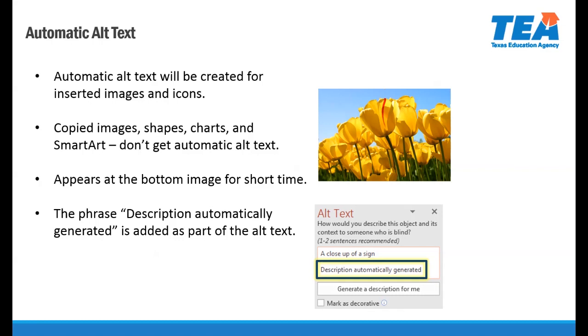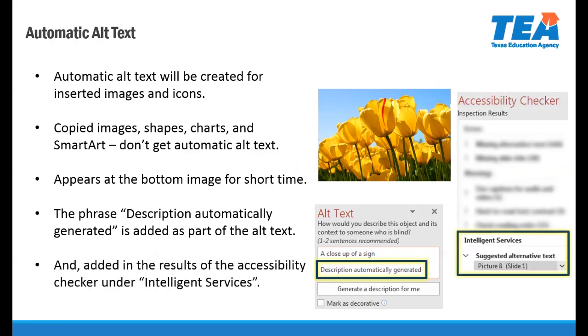Also, the alt text panel will have the phrase "description automatically generated" as part of the alt text. And the image will show up on the accessibility checker under Intelligent Services. This is to remind you that the image needs a review of the alt text. Most times, the automatic alt text will not be appropriate alt text for the image. You will need to review the alt text all the time this feature is turned on.